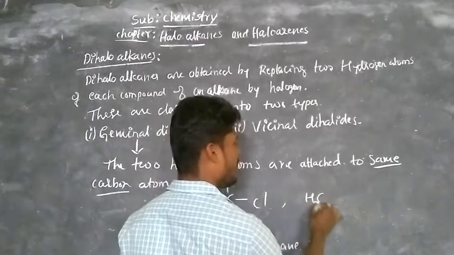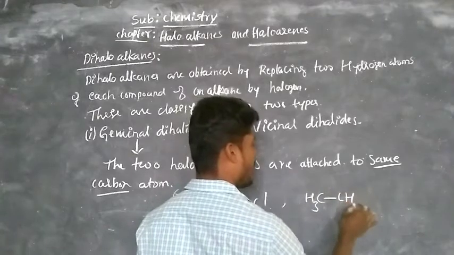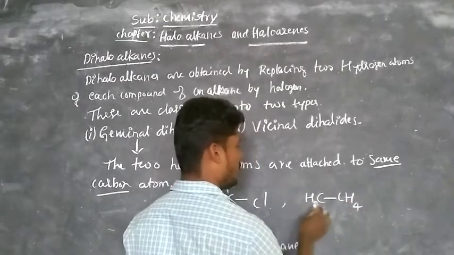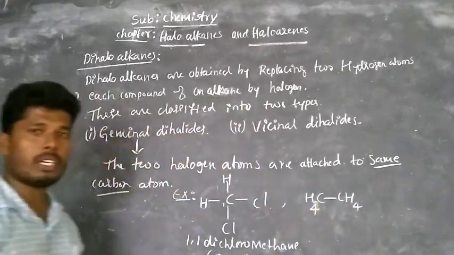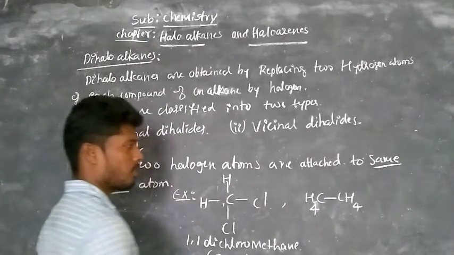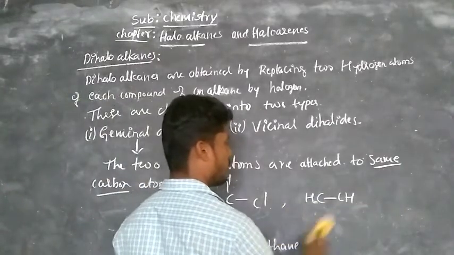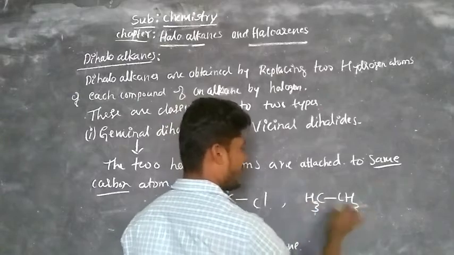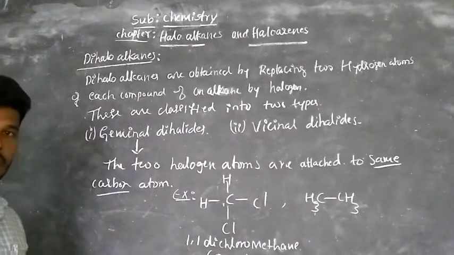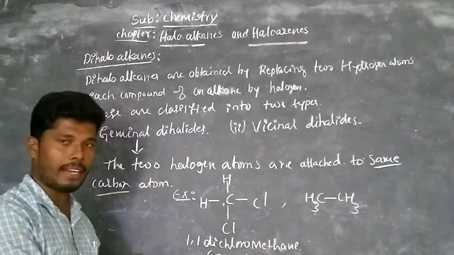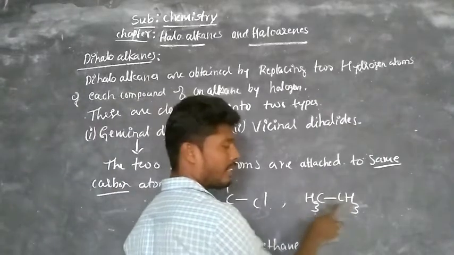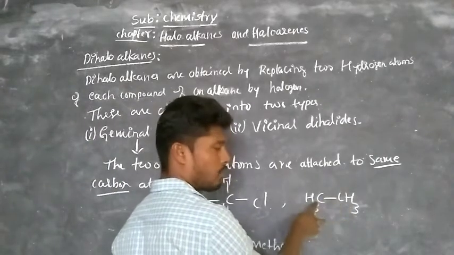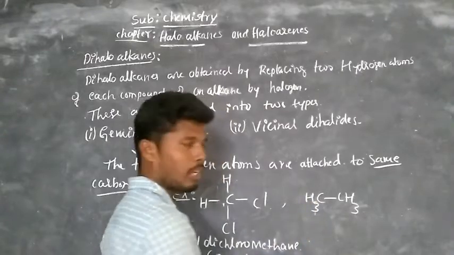Similarly, observe one more example. Take CH3 and CH3. What is its name? Ethane. How many hydrogens are there on each carbon? 3 hydrogens. This carbon is attached to one more carbon, which again has 3 hydrogens.